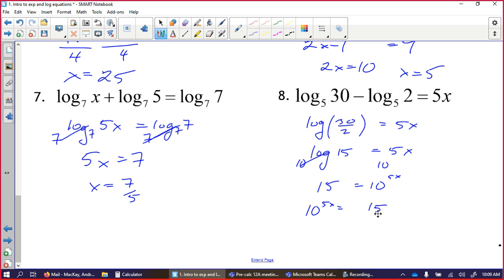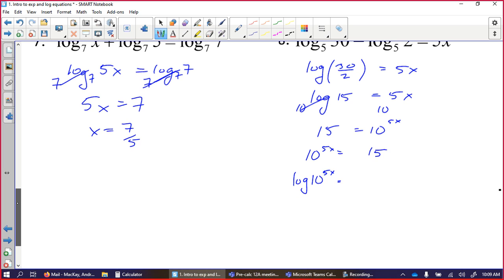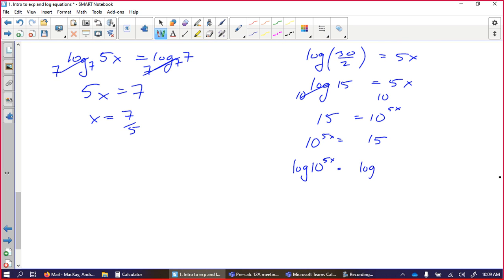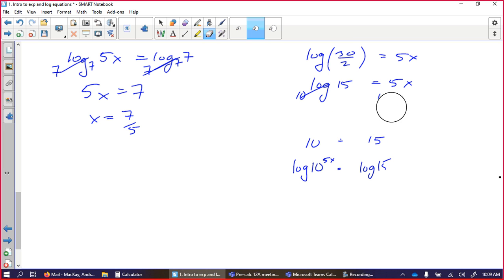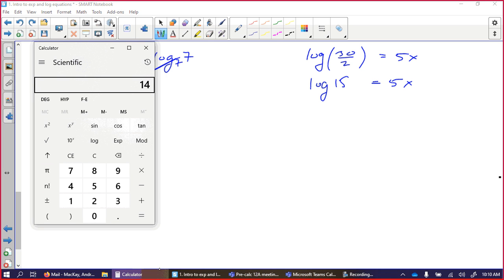Am I just going around in circles? Log both sides. Yeah, this is just going to be circular. That comes down. Yeah, so that's not going to make any sense. This one, I think. Well, the log of 15.